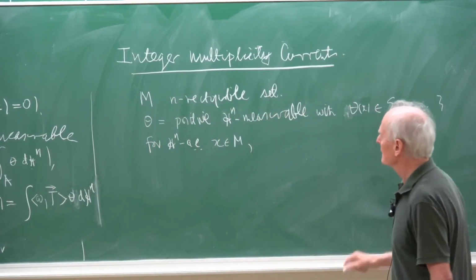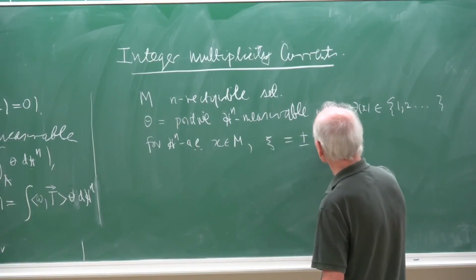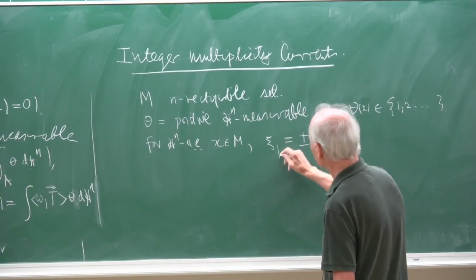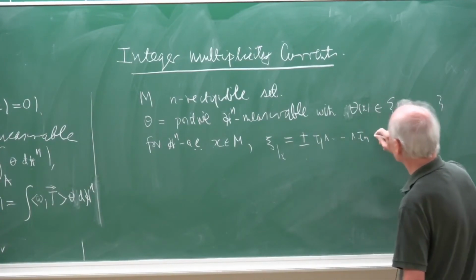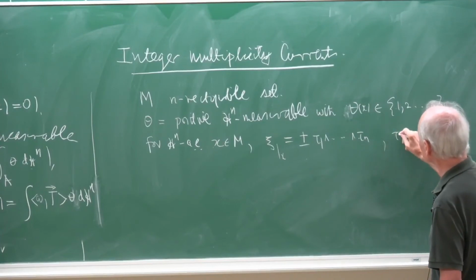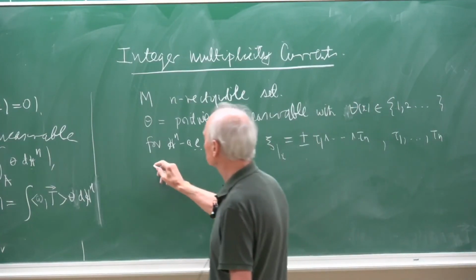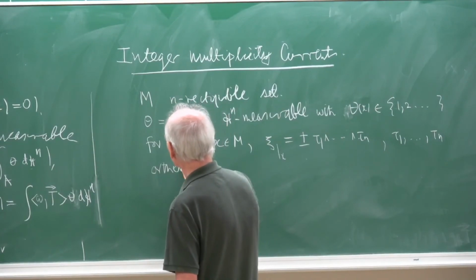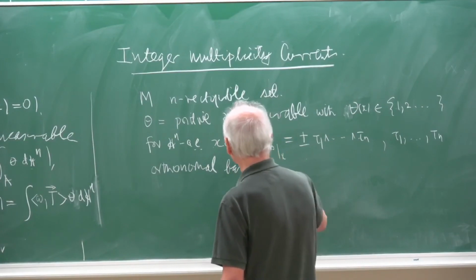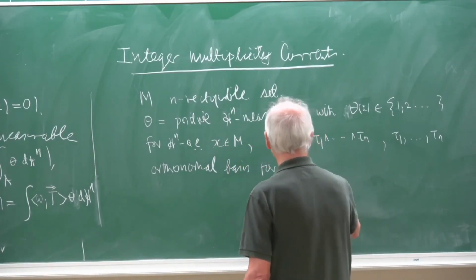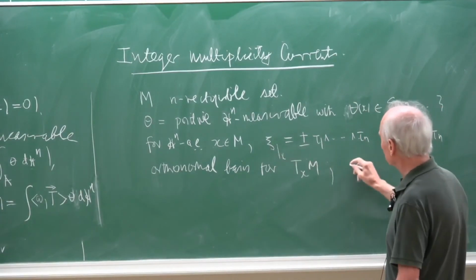And finally, let xi at x be equal to plus or minus tau 1 wedge up to tau n, where this is an orthonormal basis for the approximate tangent space. And let's suppose that this is at least Borel measurable.